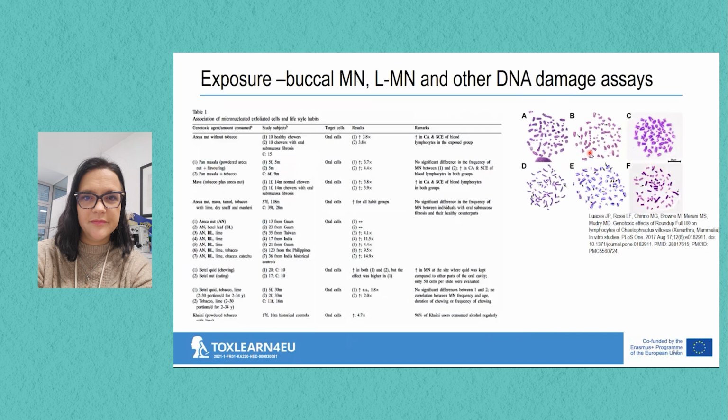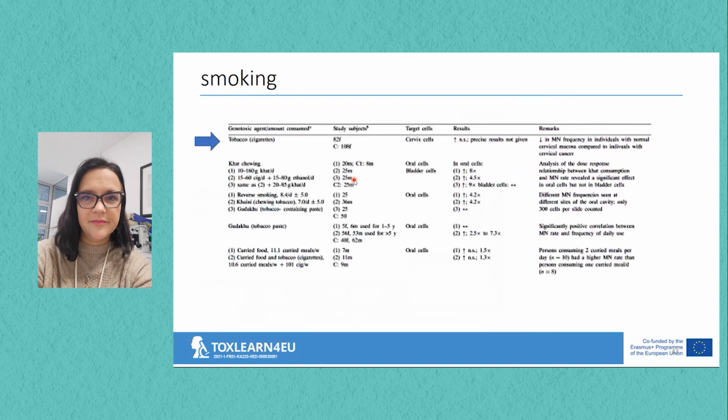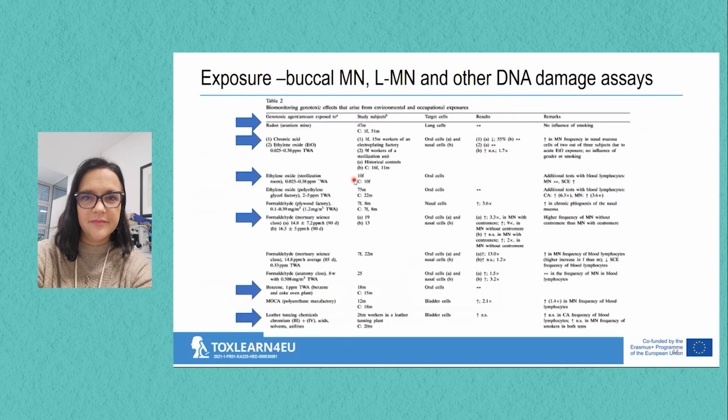Micronucleus frequency in the buccal cells has also been correlated when other assays of DNA damage were used in the same individuals, such as lymphocyte micronucleus cytome assay, chromatid aberration or chromosome aberration, and sister chromatid exchange assays, and they have all demonstrated an increase of DNA damage in mostly people that had smoking or tobacco chewing habits, as you can see here.